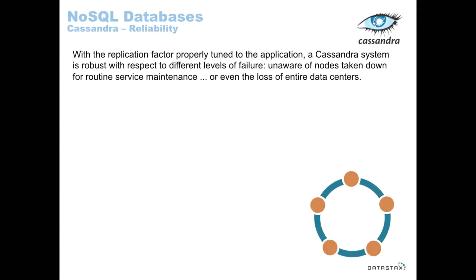So reliability. With a proper tuning of the replication factor and proper use of the consistency level, a Cassandra system can be extremely robust with respect to different levels of failure, unaware of nodes taken down for routine service maintenance, or even the loss of entire data centers.